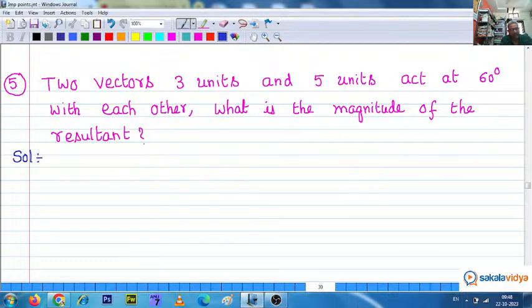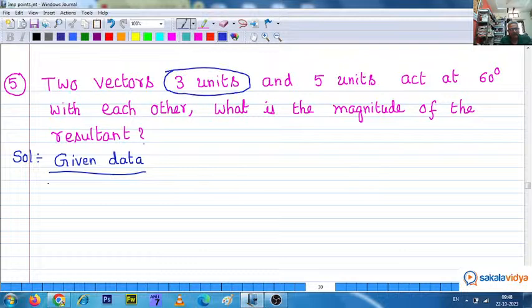Solution. So what is the given data? Magnitude of the first vector, mod p is 3 units.